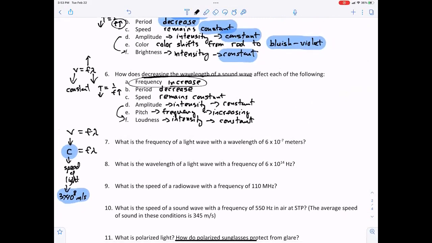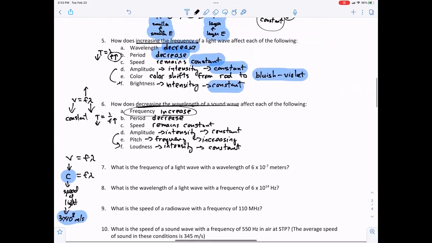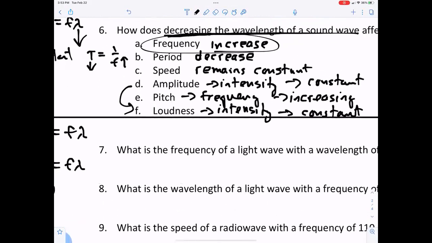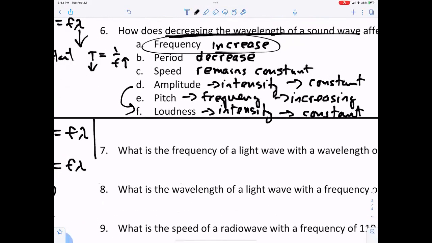Here we go. Now, something to consider about light, and we didn't address this above, so I'm going to address it now because this is often a point of confusion with a lot of students. There's actually 7 different forms of light. So I'm going to draw a line right here. And let's address these 7 different forms. So we have, to start off with, radio waves.